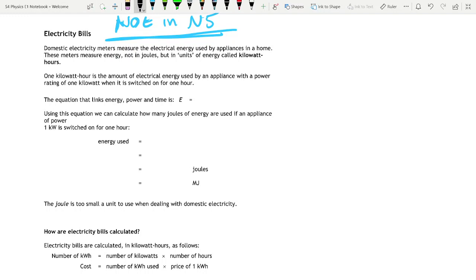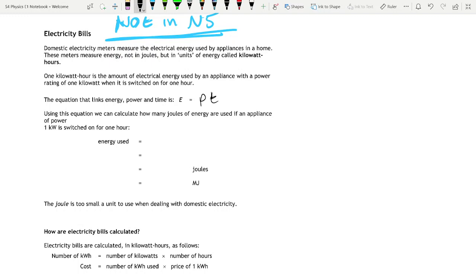And so the equation that links energy, power, and time is, we know that because we just used it, but in a slightly different form: energy equals power times time. We've been using power equals energy over time, that's just it rearranged. So using this equation, we can calculate how many joules of energy are used if an appliance of power 1 kilowatt is switched on for 1 hour.